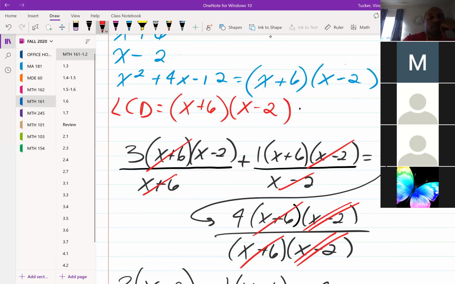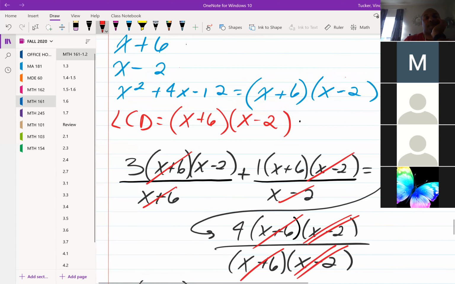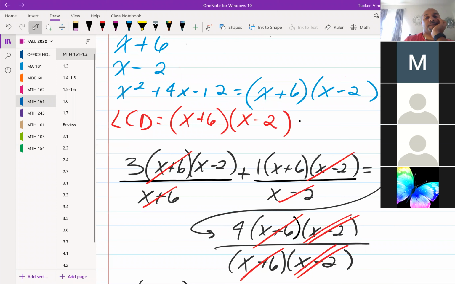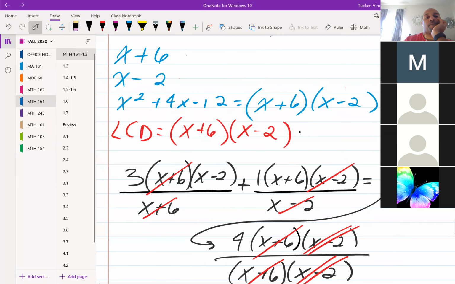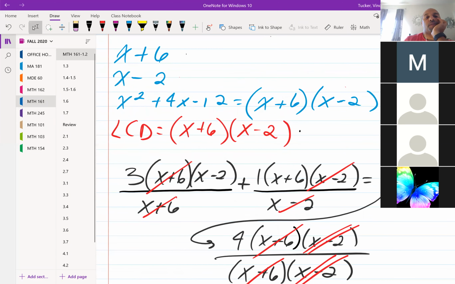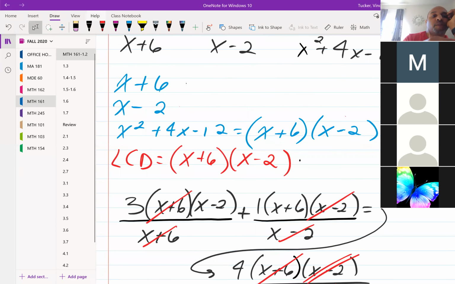Can I ask a quick question, sir? Yep. Hey, so on the LCD then in this case is the x plus 6 and the x minus 2, because it is basically the same thing as that x squared reduced, correct? Yes. Now, let's say if this first one had another quantity attached to it, like x plus 5, that would need to be a part of that LCD as well.